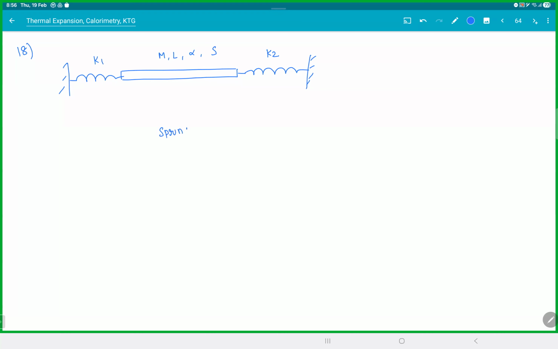There's no gravity. You gave heat Q to the rod. Find the change in temperature and the compression in the springs.